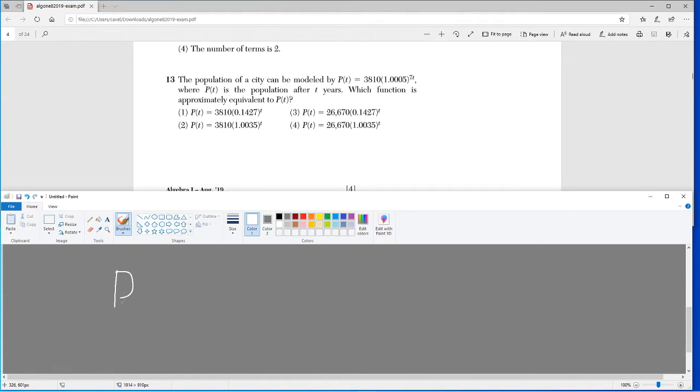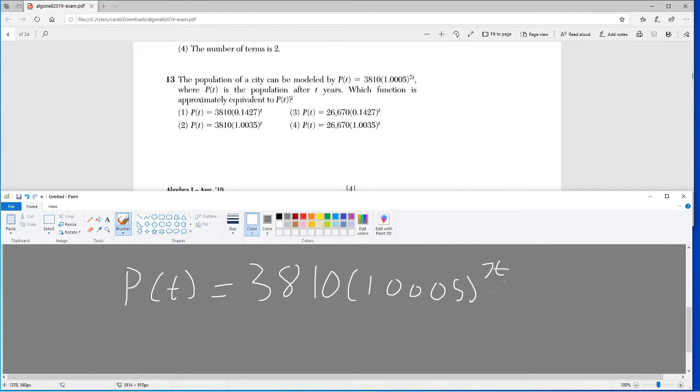So if you look at it closely, we have P of t is equal to 3,810 times 1.0005 to the 7t. One thing you can see is that you can actually simplify this. You cannot distribute the 3,810 into here because this is being raised to an exponent.